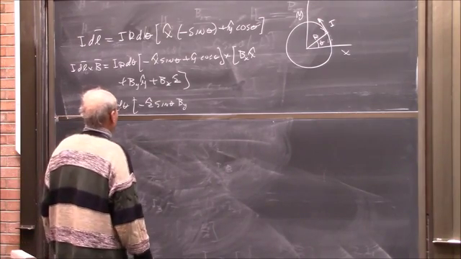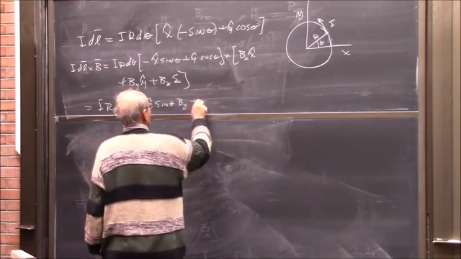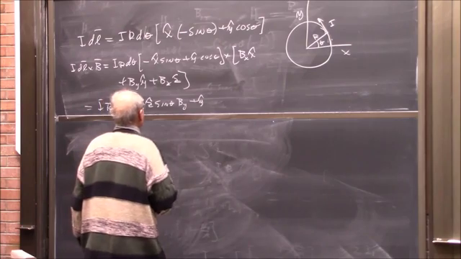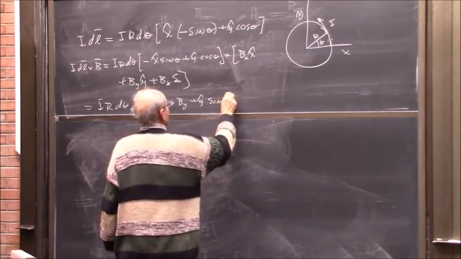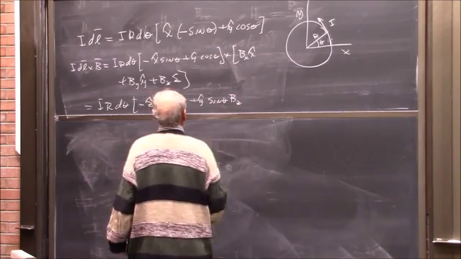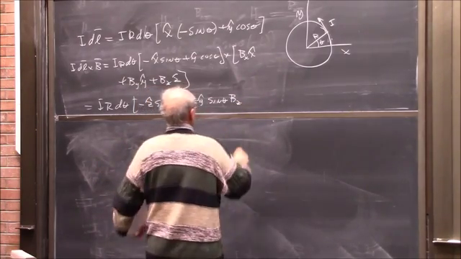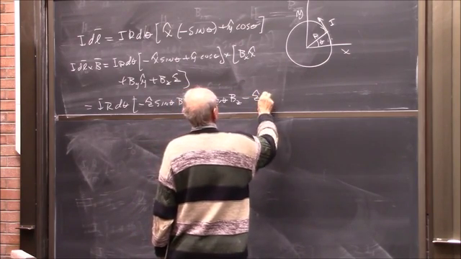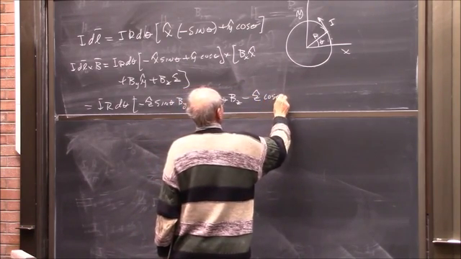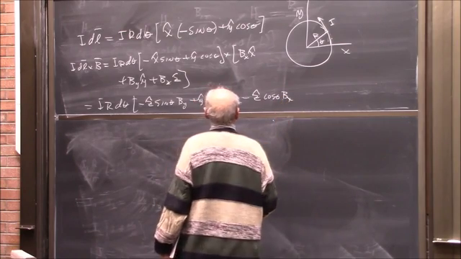And then x cross z is minus y hat, sine theta Bz. And y cross x is minus z hat, cos theta Bx.